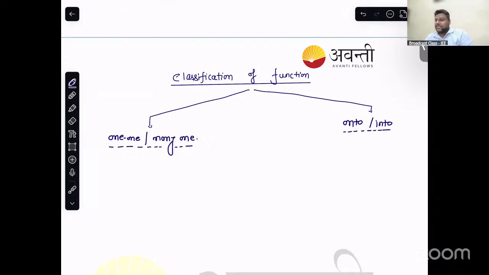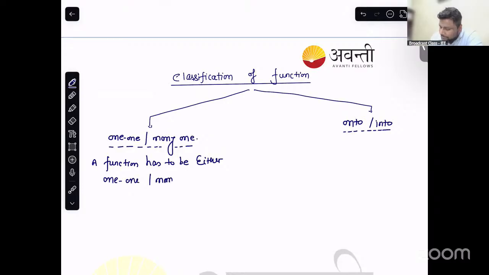Am I clear? Now, for one-one, many-one: a function has to be either one-one or many-one, but neither none nor both.